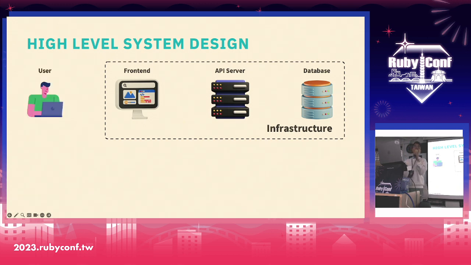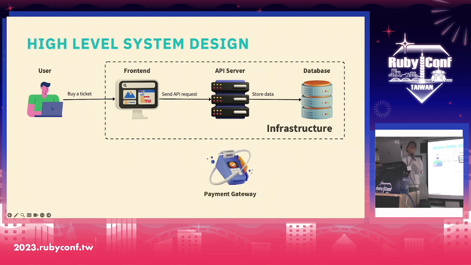It starts with the user who interacts with the front end and buys a ticket. The front end gets to the server. We create an order crafted from the user ID and the ticket ID. The order is stored in the database, and lastly, we also integrate with the payment gateway for monetization.